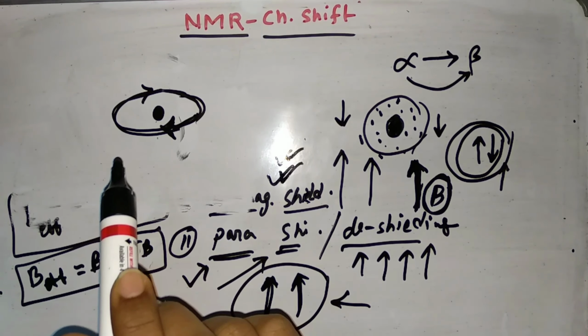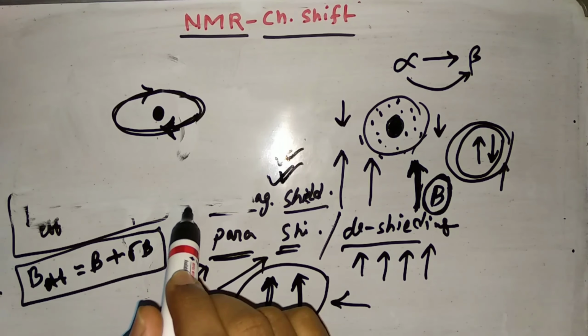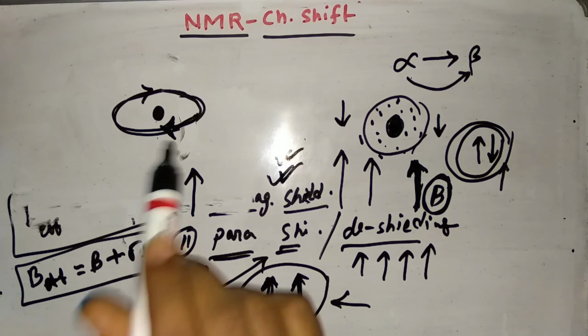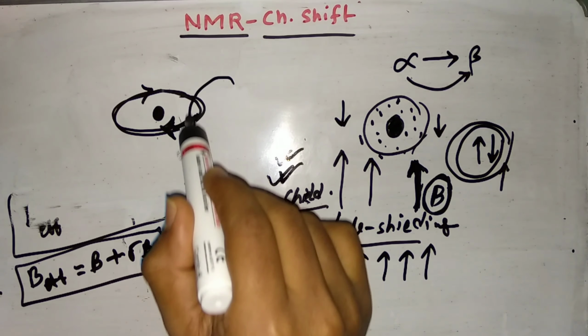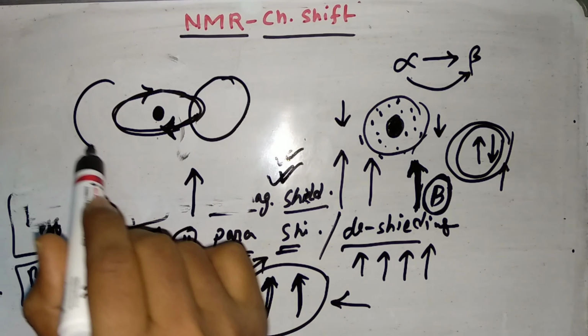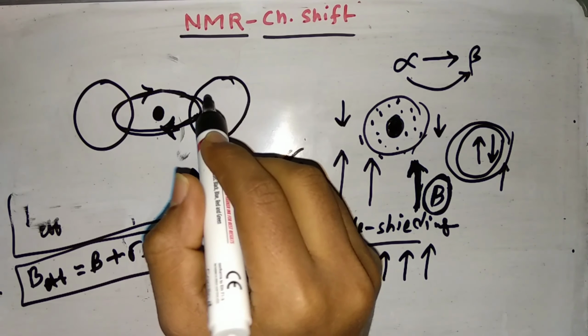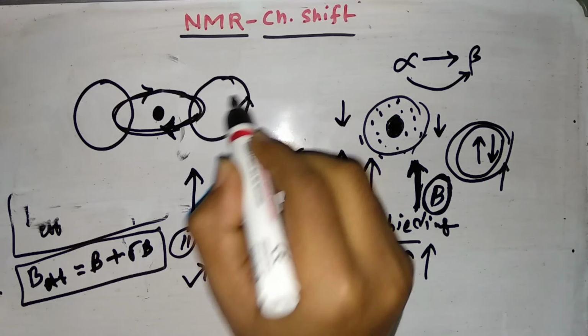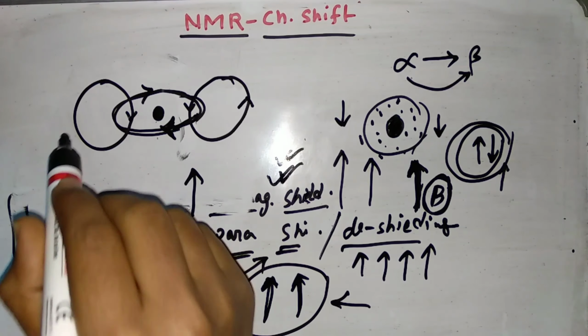When we apply the external magnetic field, this kind of induced magnetic field generates, and over here the magnetic field's direction will be like this, and also like this.